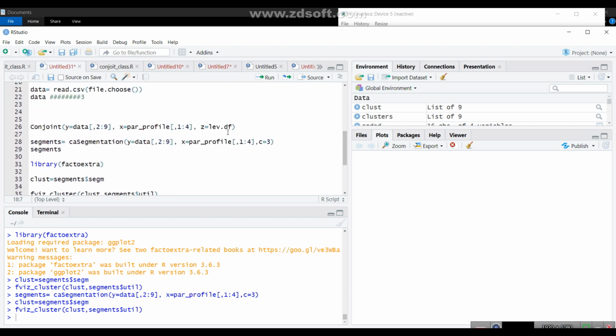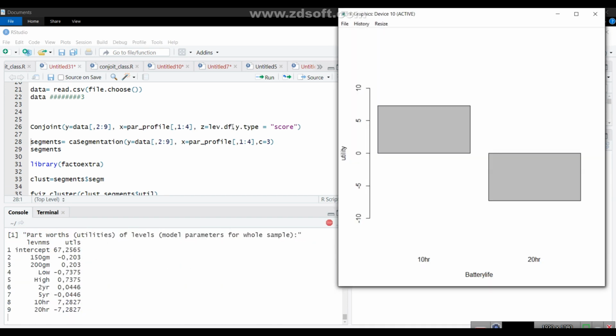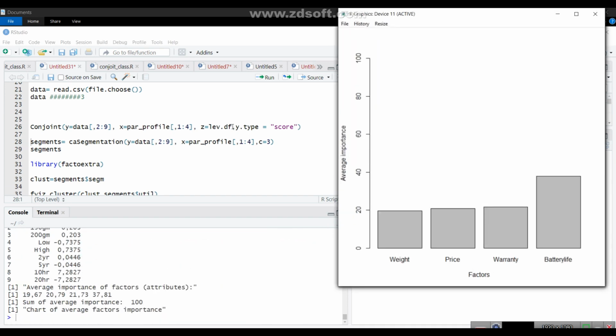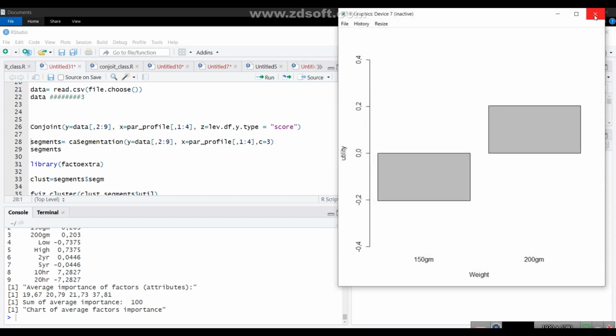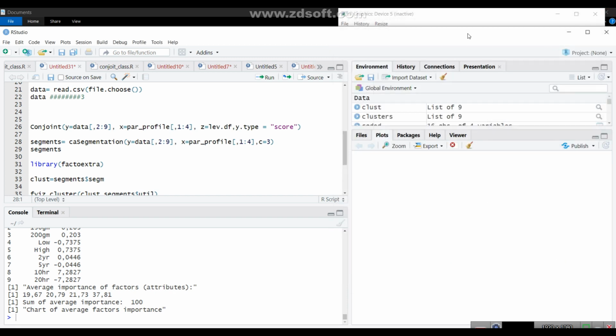One thing I want to mention here is y type. I can mention it, and this will not affect my results, but if you are using rankings, then maybe you should go for it. So this is a simple conjoint analysis.